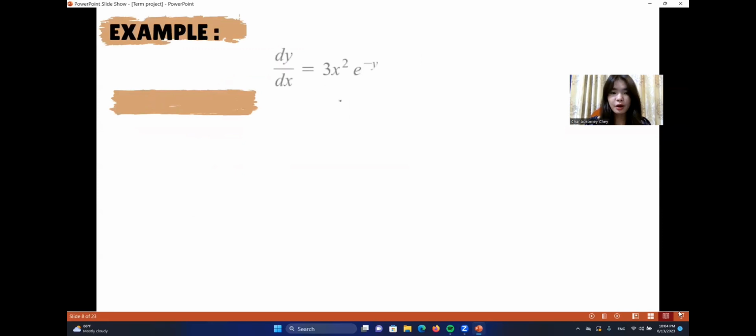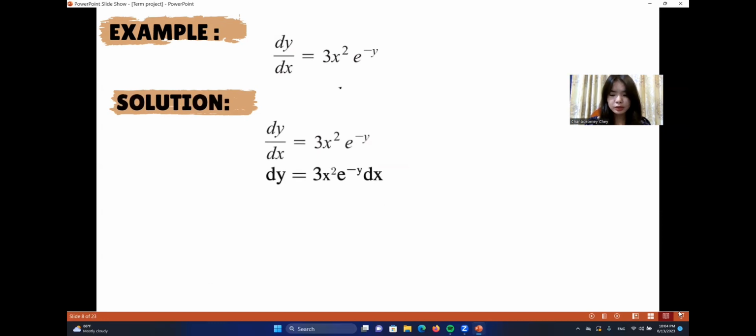And another example, dy/dx = 3x^2 e^(-y). The way to find it is similar to our last example. We divide it into different sides and integrate it, and we got the answer e^y - x^3 = c.